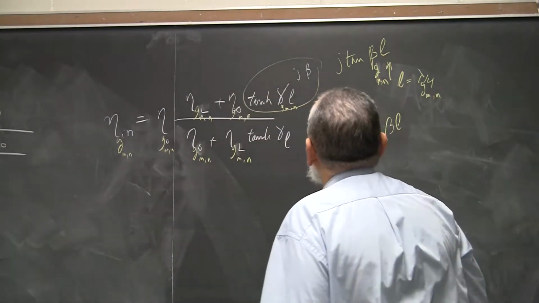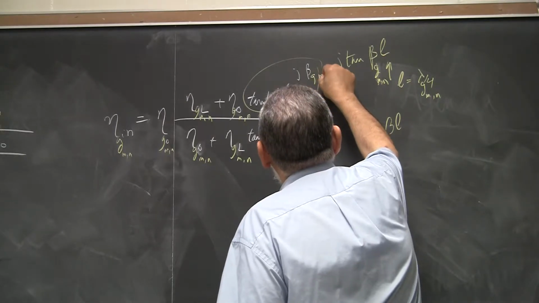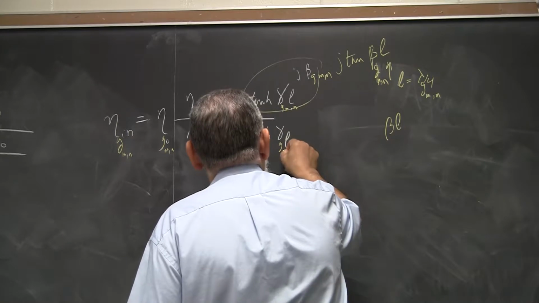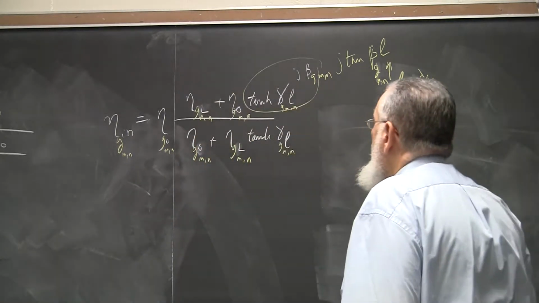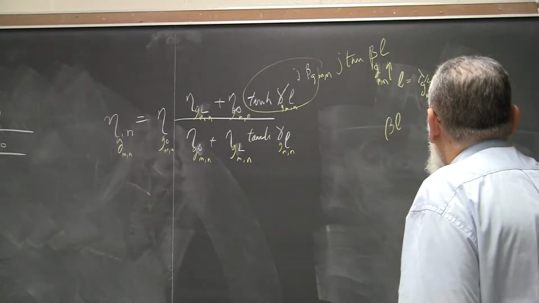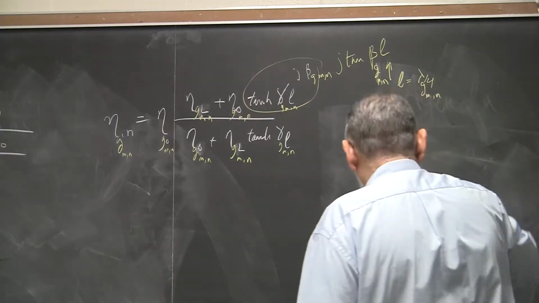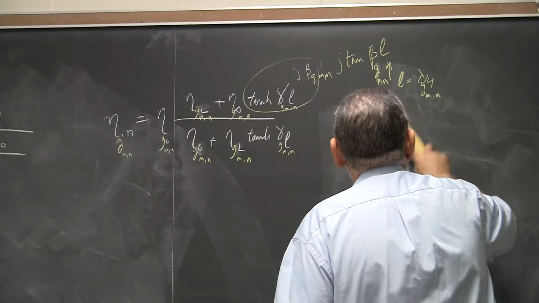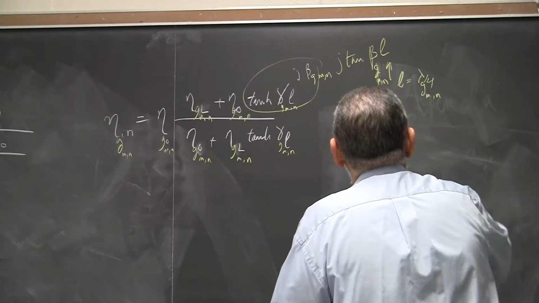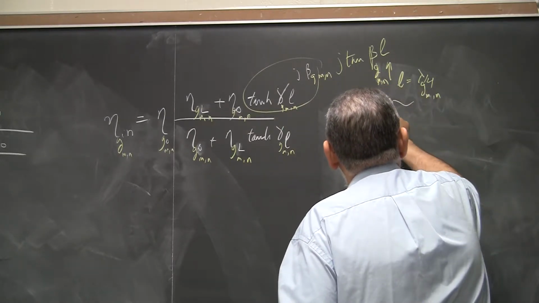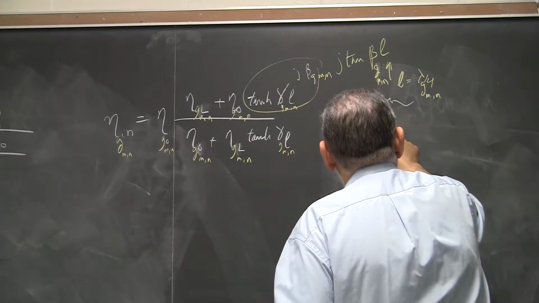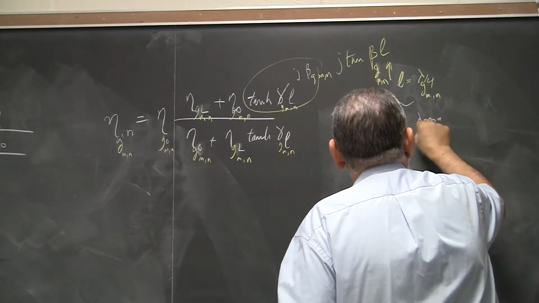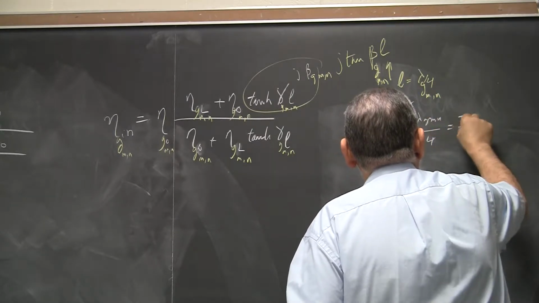So all these now, did I miss any? Anyway. In this case here, beta L becomes 2 pi over lambda guide MN times lambda guide MN over 4, which becomes pi over 2.